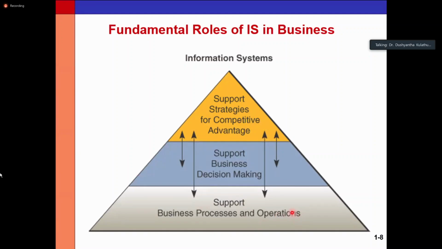Supporting business processes and operations may help in supporting business decision making and also supporting strategies for competitive advantage. It can support the achievement of competitive advantage, and business decision making itself can also support the achievement of competitive advantage.